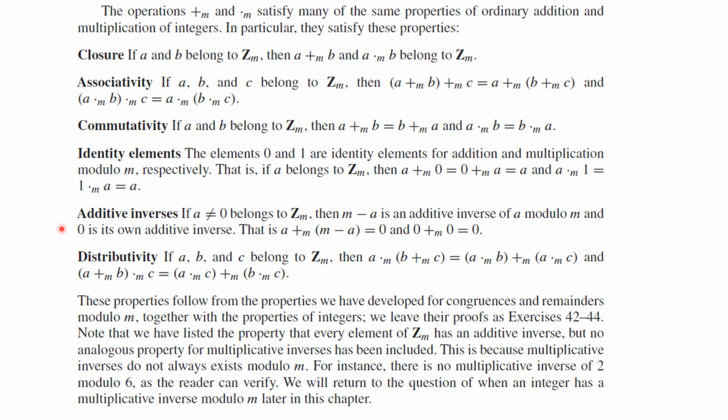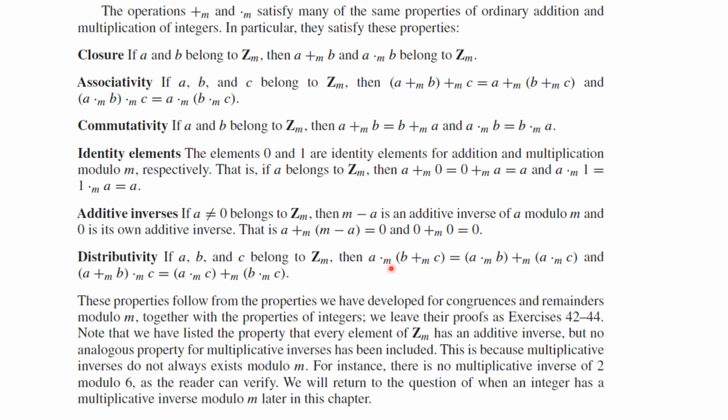There are additive inverses. But this is a little bit different because you don't have 3 and minus 3. If A does not equal 0 and belongs to Zm, then m minus A is the additive inverse, and 0 is its own additive inverse.